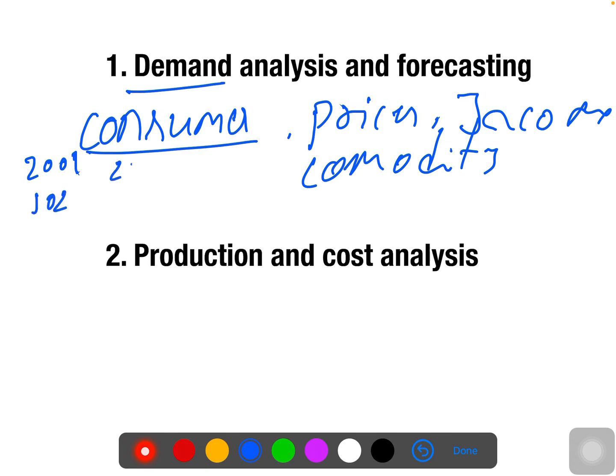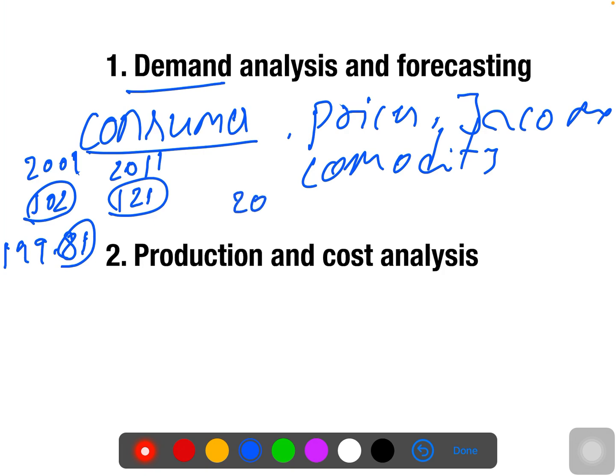In 1991, the population was around 82 crores. In 2001, the population was 102. In 2011, it was 121. So we analyzed 81 to 102, 102 to 121, and what we understood is that in each census we carry an extra 20 crore population. That means each year we are adding 2 to 3 crore people.